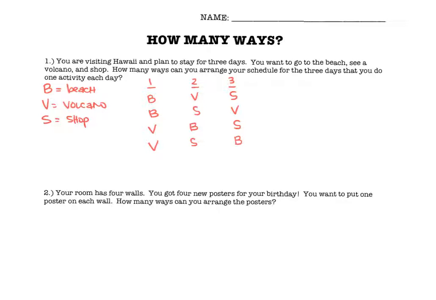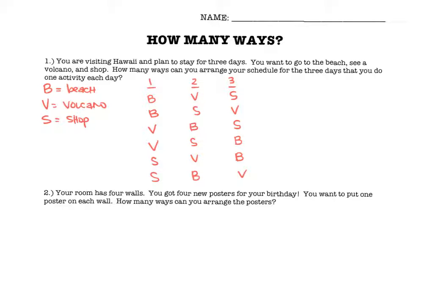Notice how I'm being organized in my list. I'm first writing all of the options with beach first, and then I'm writing all of the options with volcano first. And now, as you probably guessed, I'm gonna put shopping first and write all of the ways that would have shopping come first.